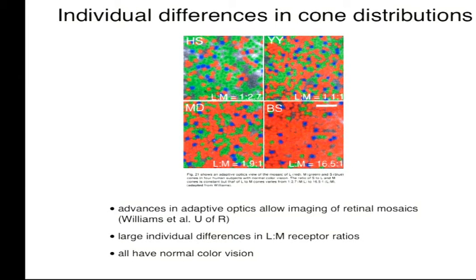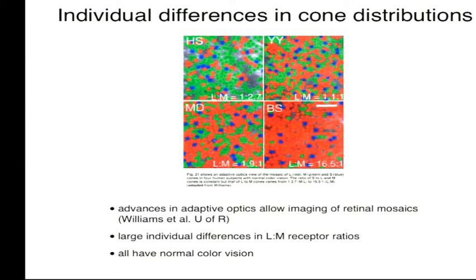These are some pictures that he took. They're color-coded, but they're pictures of real people's retinas. What he found was that there are big differences in the distributions of cones in different individuals' retinas. These are all four different people with normal color vision.